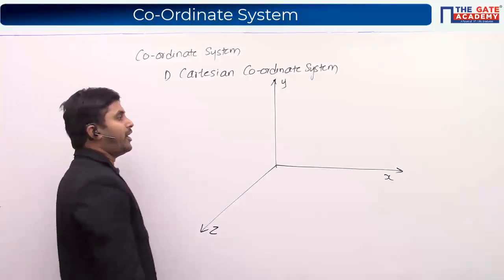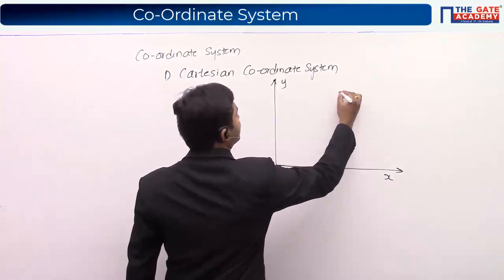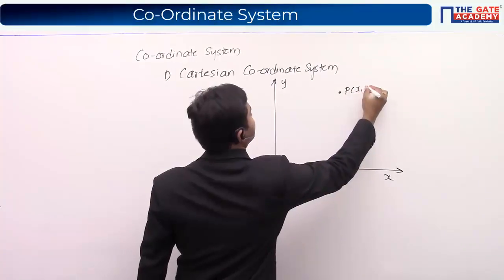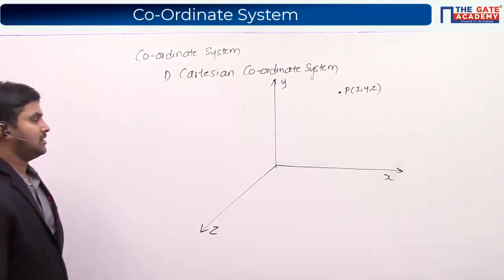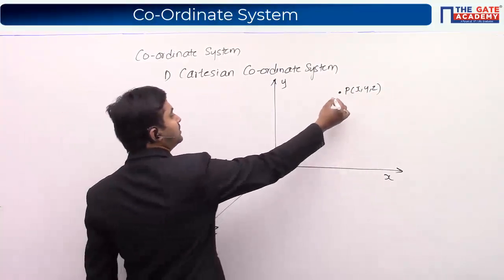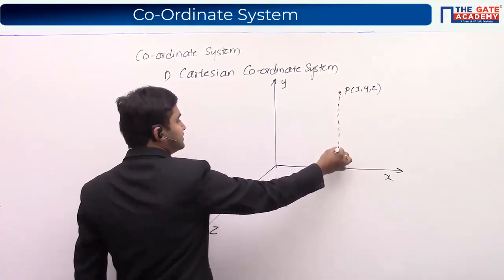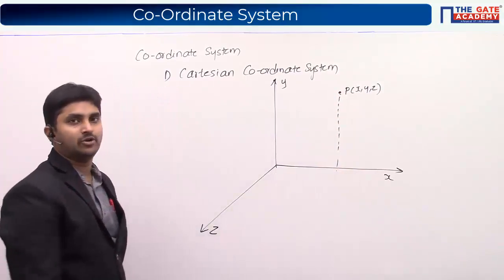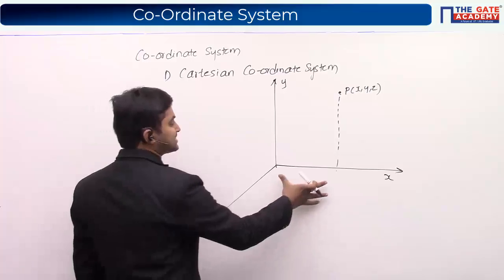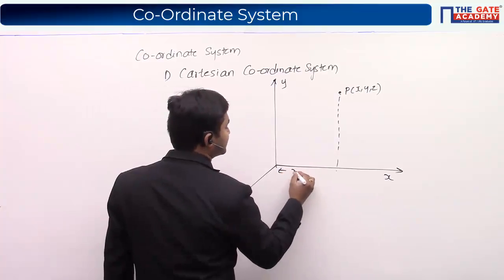So I am considering my point. The point that I am going to consider, P, let me consider X, Y, Z. If I project this particular point on the x-axis, the distance covered here is nothing but the x distance.